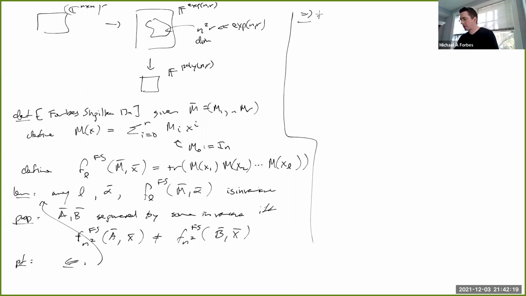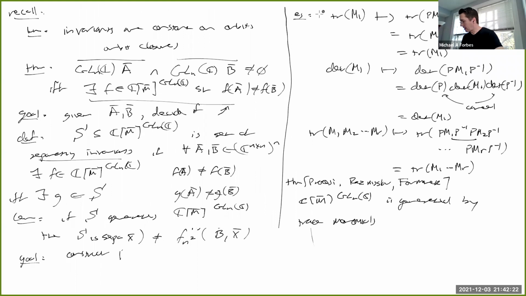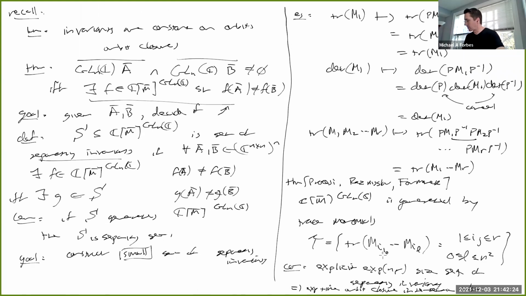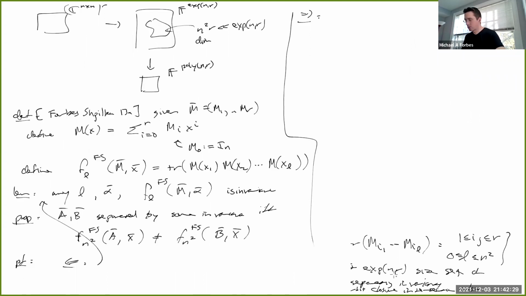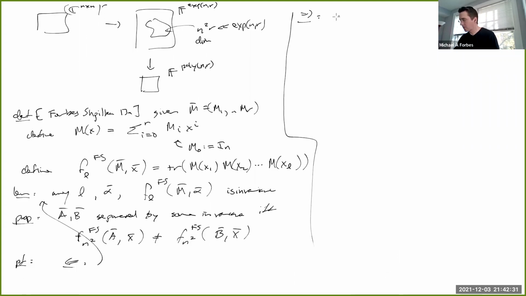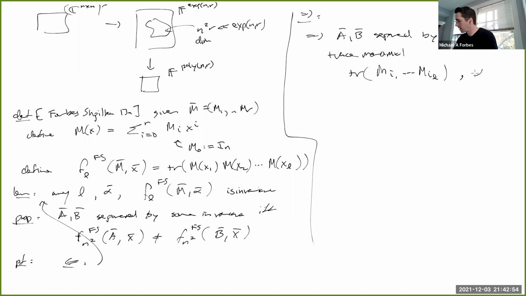Well, what do we know? What do we have? We have that there's an explicit set of generators, and those generators form a set of separating invariants. So because of that, if there's any invariant that separates A and B, then A and B are separated by some trace monomial, some trace of Mi1 through MiL, for some L at most n squared.